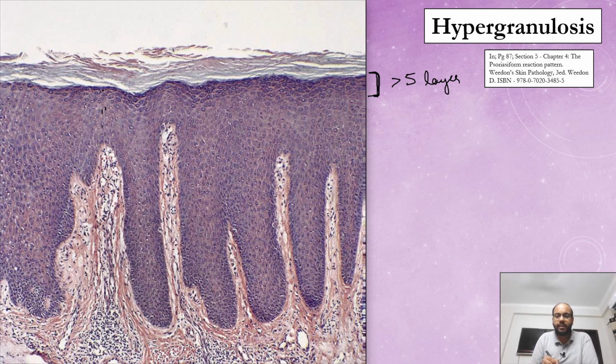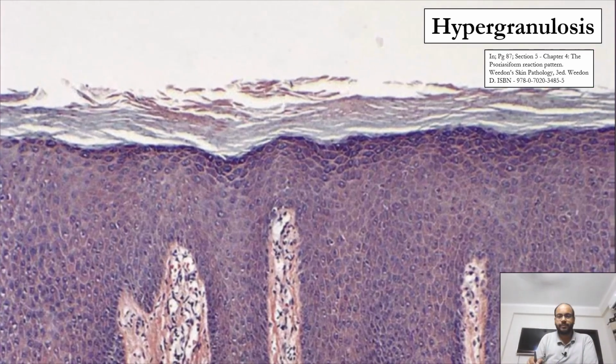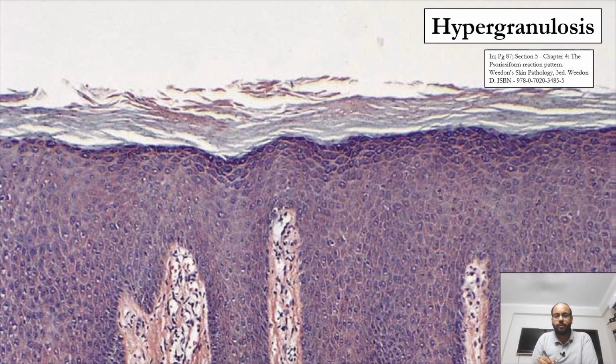Here you can see that the granular layer is very thick. If you zoom out, you can see this is layer 1, this is layer 2, 3, 4, 5, and this is 6. So you have 6 layers of granularity, and that is hypergranulosis. Let's move forward.